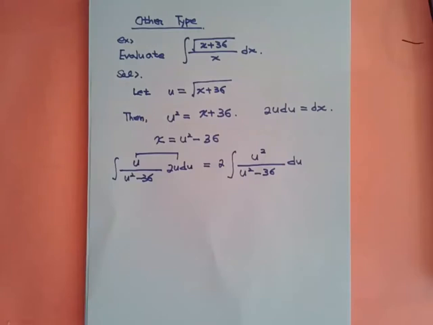This time, what happens here is we could get rid of the square root, and that is just a rational function with the same degree. If the denominator is not a higher degree, then we will think about long division.